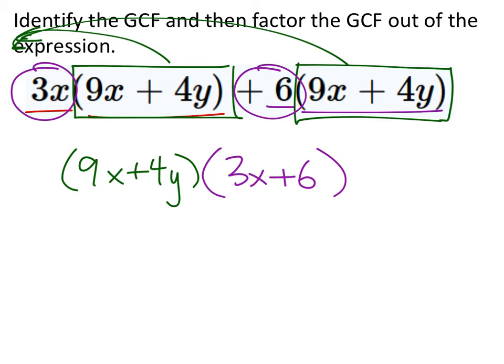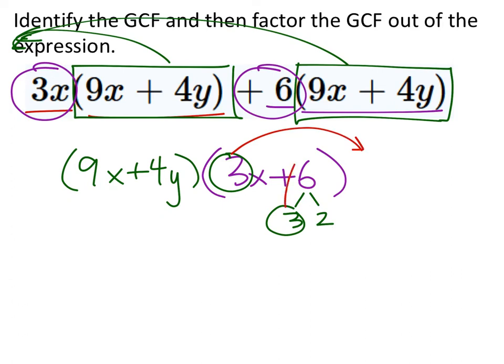So the 9 and 4 don't have anything in common to factor out, right? 9 breaks up into 3 and 3, 4 breaks up into 2 and 2. They have x and y's, but what about the 3x and the 6? Well, 3 is just 3, but 6 breaks up into 3 and 2, right? So technically I've got a 3 in common from this set of parentheses. I'll use a different color.